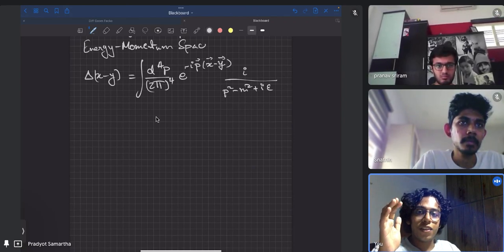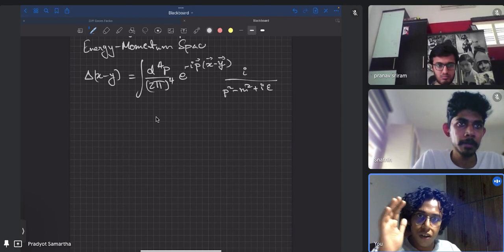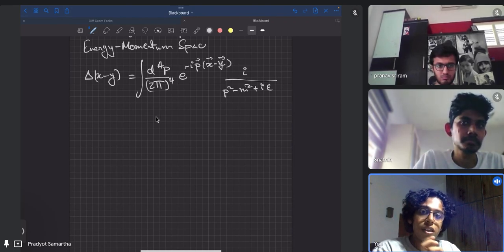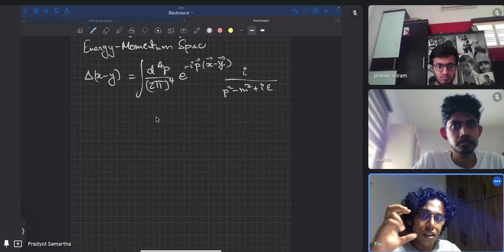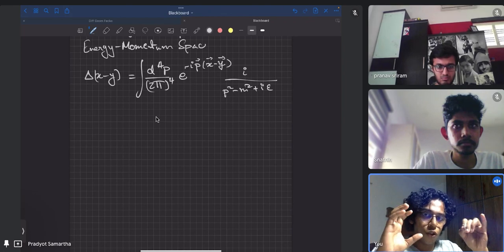So the idea here is you're doing some sort of a Fourier transform, and you're inserting your p squared minus m squared, the energy mass relation over there.